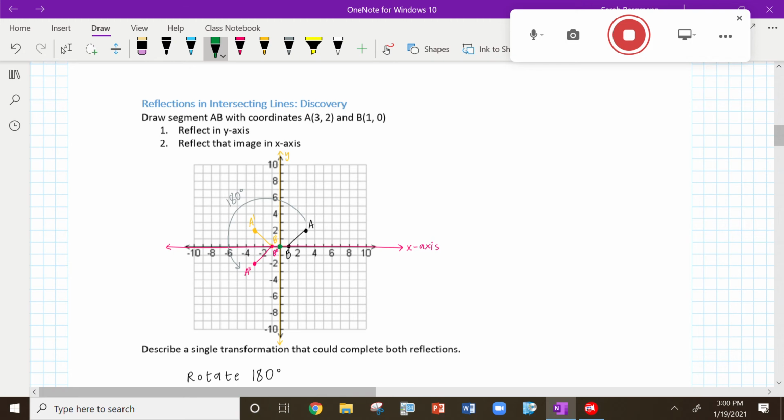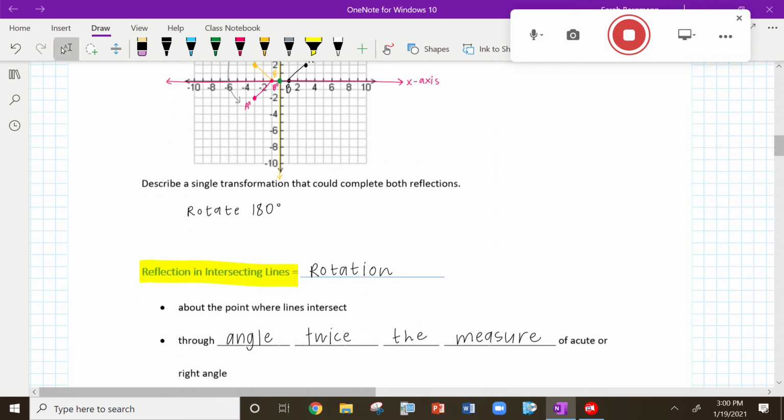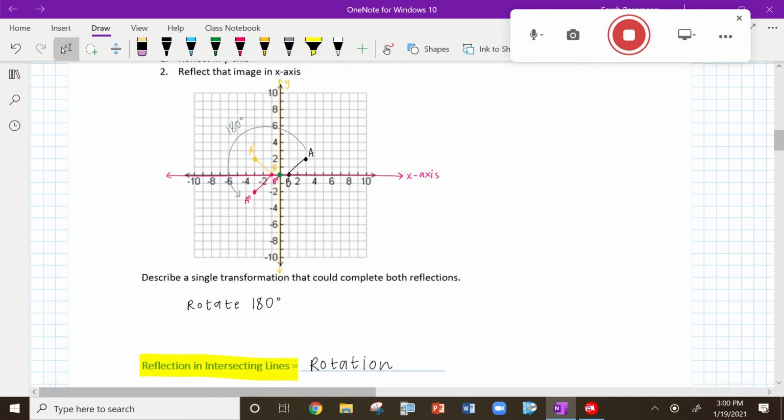So we are making a rotation around the origin, and it always goes through the angle twice the measure of the acute or right angle that is created by the two lines. So for example, the x-axis and y-axis create a 90-degree angle. If we multiply 90 by 2, that's how we got a 180-degree rotation.